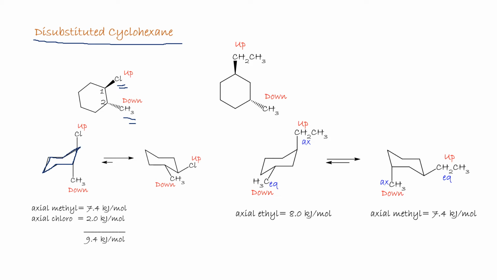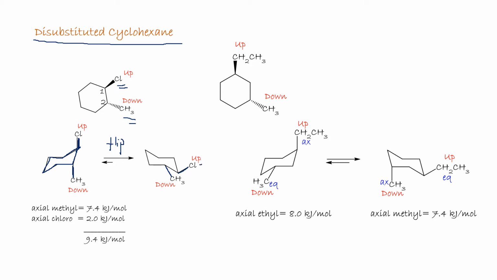Cl is up, so it is axial. CH3 is down, so it is axial. Flip, then this one will be up and this will be down, but in equatorial positions.